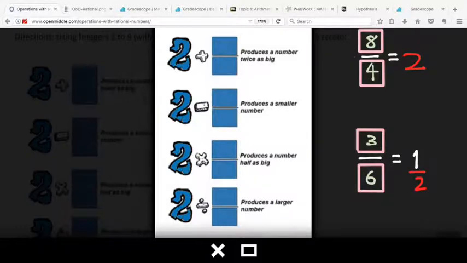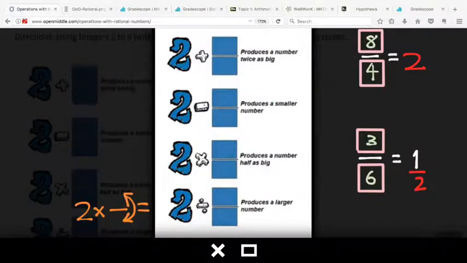So the fraction should be a proper fraction. The reason being, how do I rewrite a division problem as a multiplication problem? If I want to divide by a fraction, what is that the same thing as doing? Multiplying by the reverse. Yeah, it's the same thing as multiplying by the reciprocal, right?